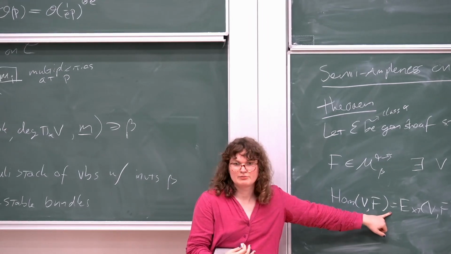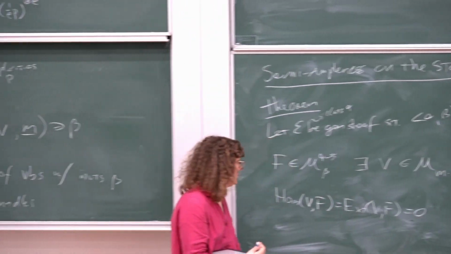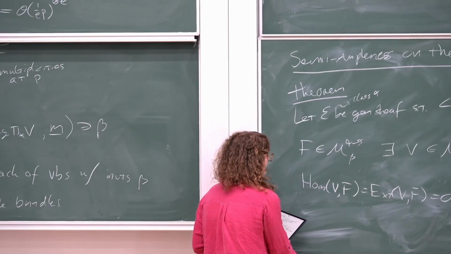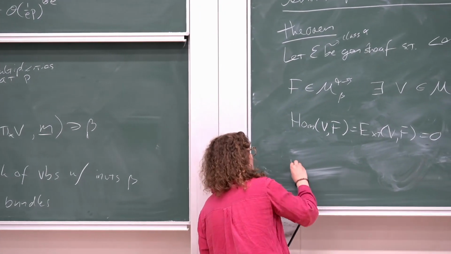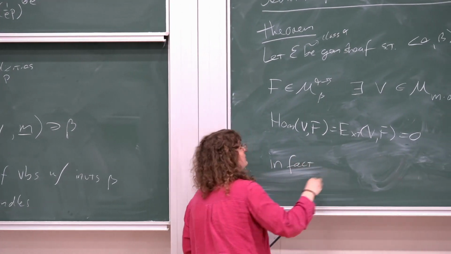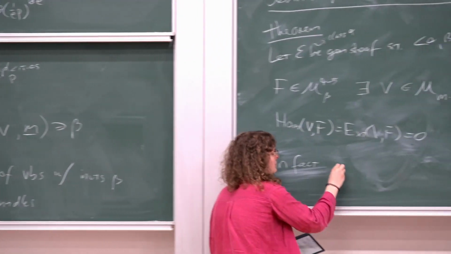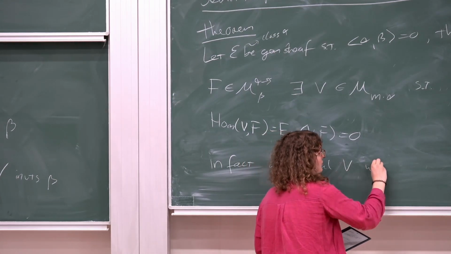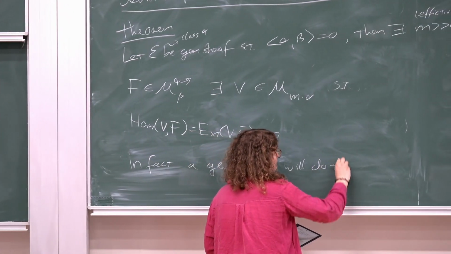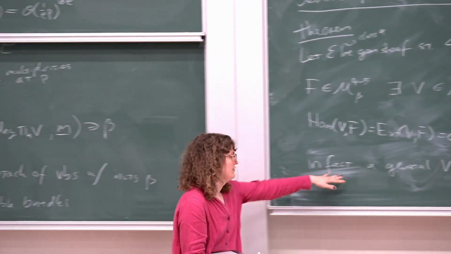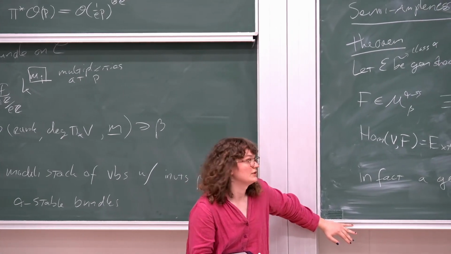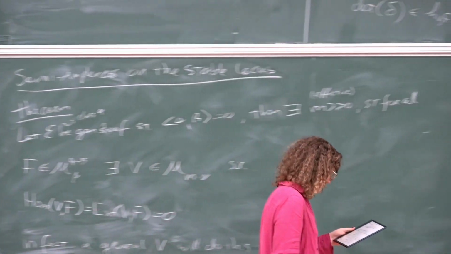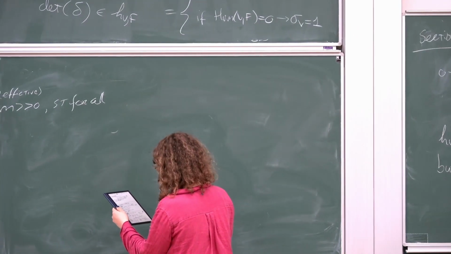So this equality is by assumption, and this is what we're going to show. And actually it's not just that there exists a general V, we actually get a very large set of V's which will provide the correct sections. Okay.